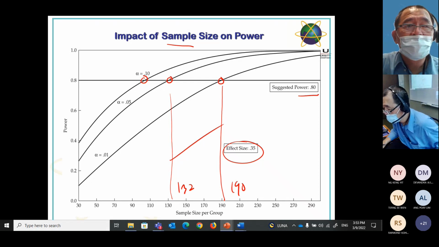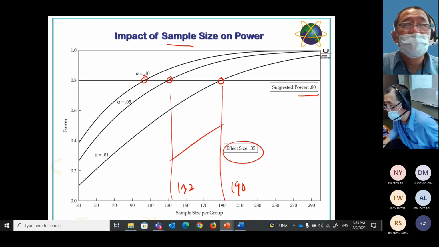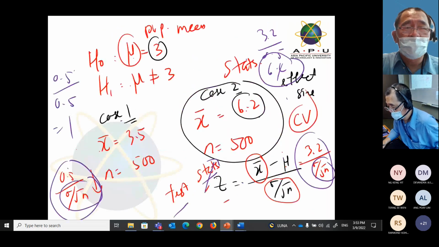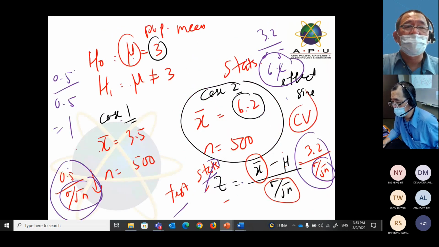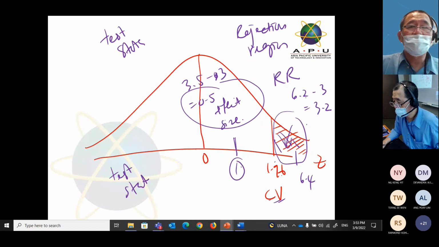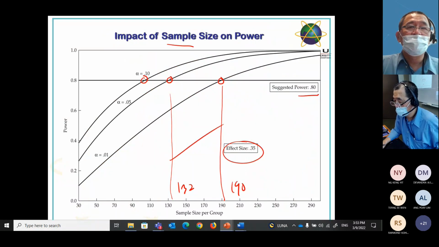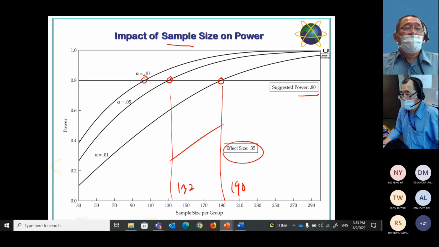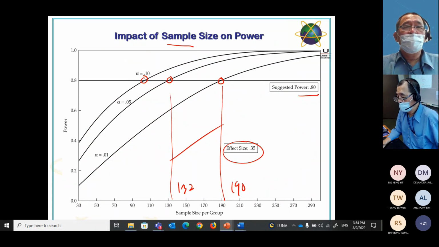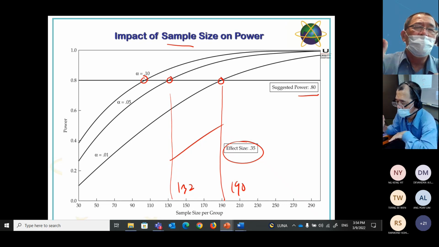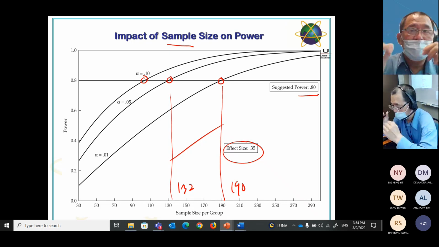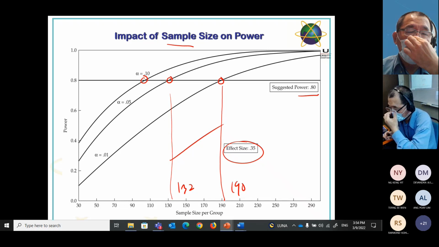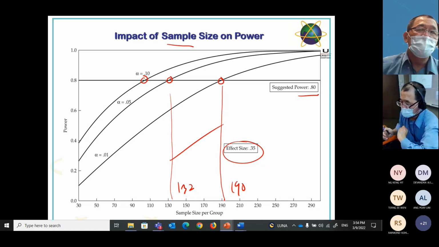So the effect size here is the difference between the x bar and the mu, right? Yes, correct. So it seems with this kind of curve, there's a formula to put all these variables into, right? Good question.